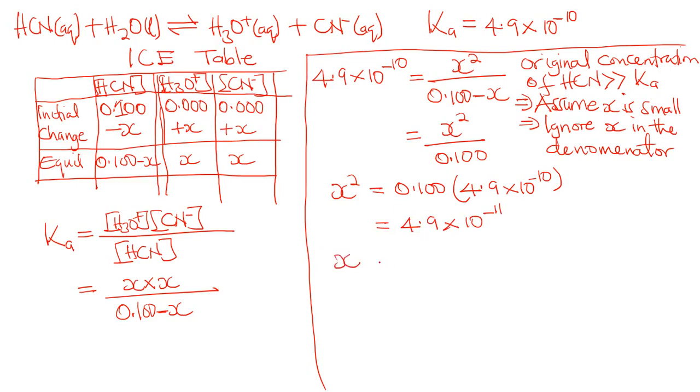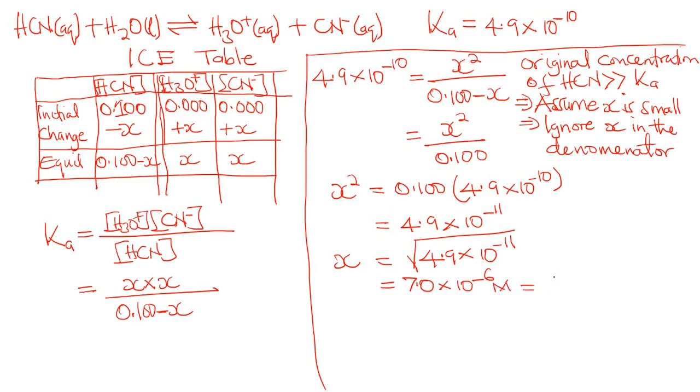The x will be equal to the square root of 4.9 times 10 to the power negative 11, which gives us 7.0 times 10 to the power negative 6 molar.